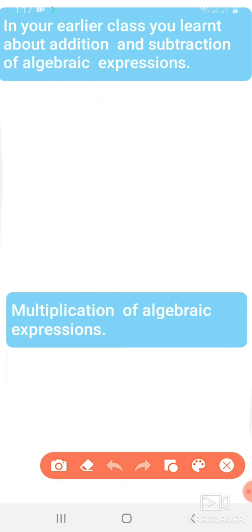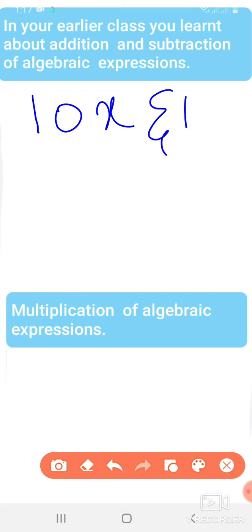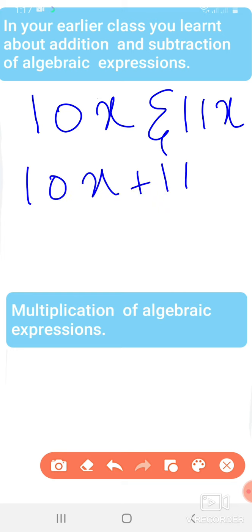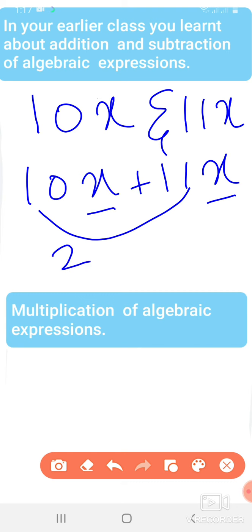For example, if you are taking 10x and 11x, you are going to add, no? So 10x plus 11x. Here we have the same variable, so we can add the numbers. 10 plus 11, you get 21, and the variable is x. So the answer is 21x. If it is a like term, then only we can add.